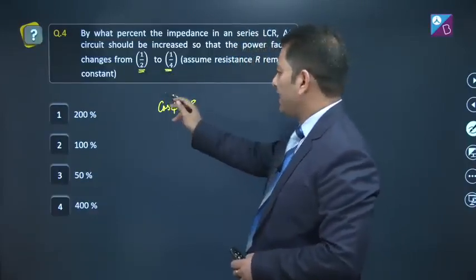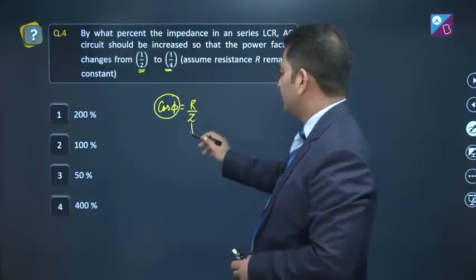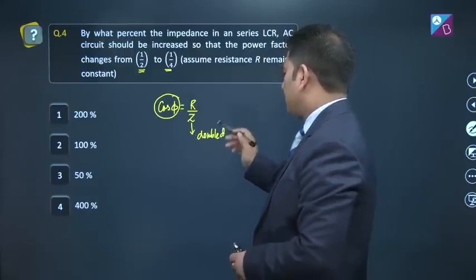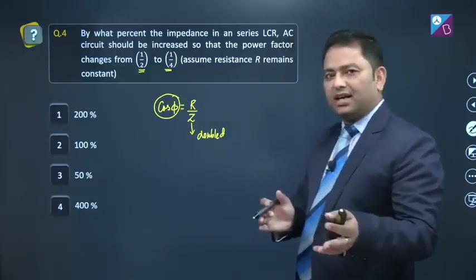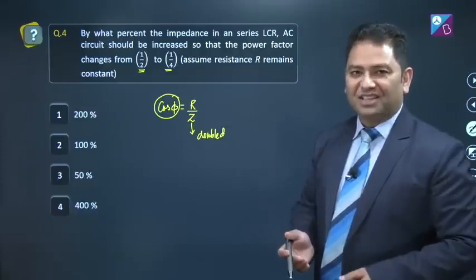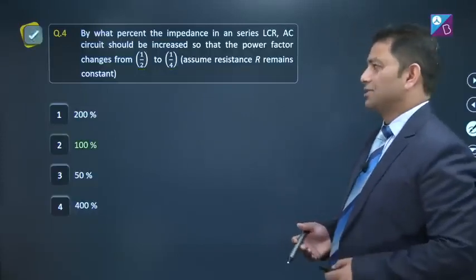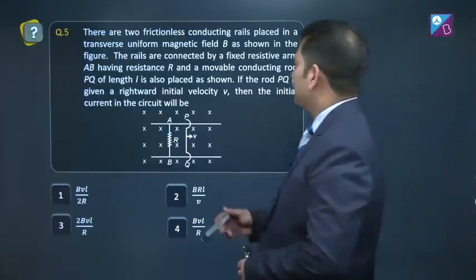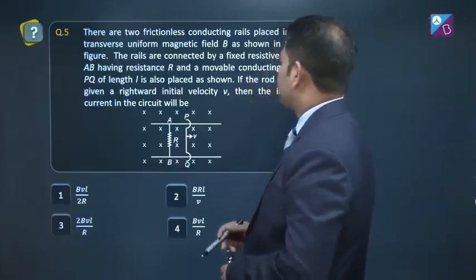So if the power factor is halved, इसका मतलब denominator that has to be doubled. और Z doubled हो गया. अब इसी को percentage change में लिखना है. डबल का मतलब कितना change है? Of course 100%, option number 2.